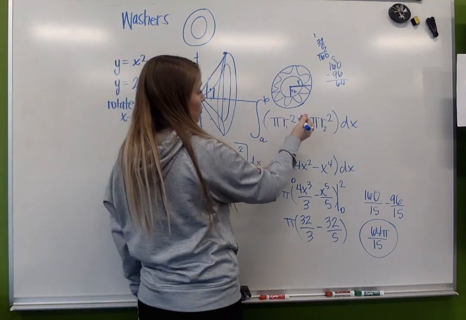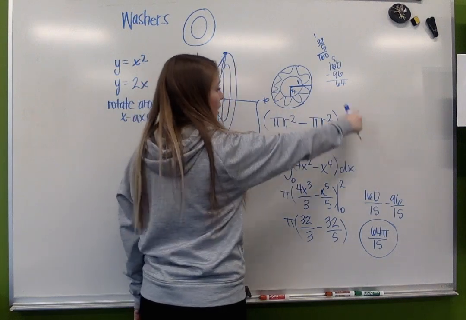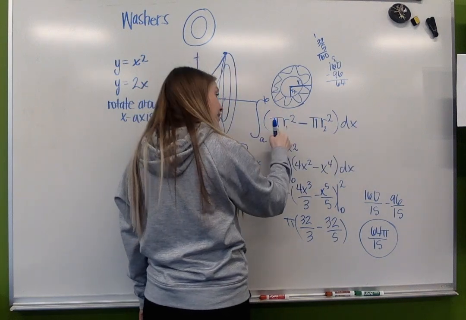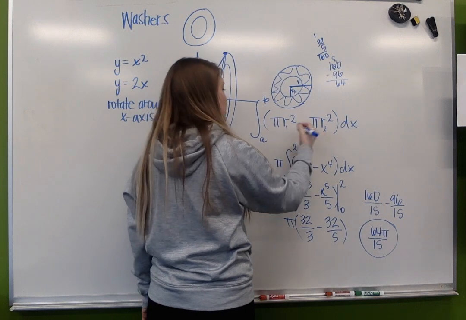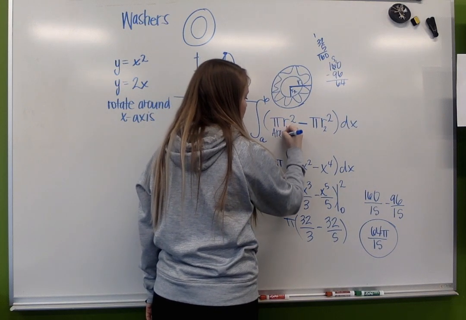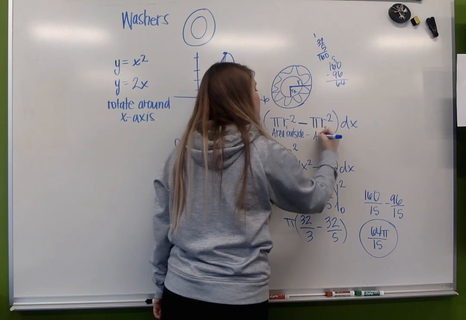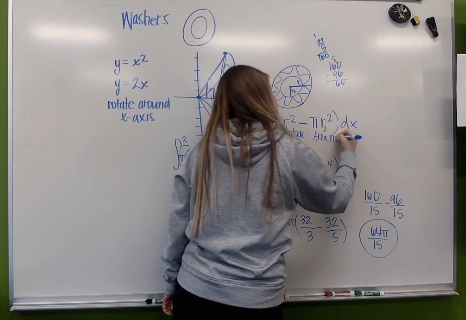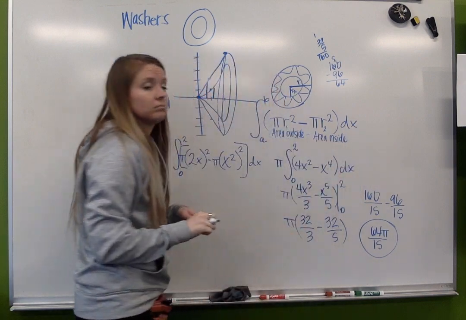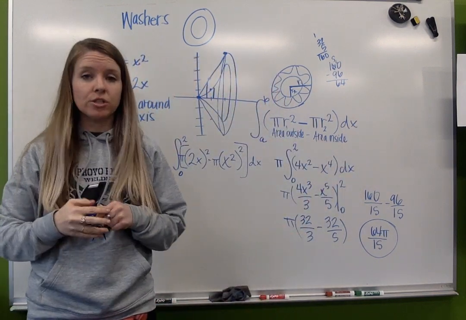If we just remember this scenario, we're finding the area of the outside circle minus the area of the inside. Area of the outside minus the area of the inside. Okay, that's all a washer is.